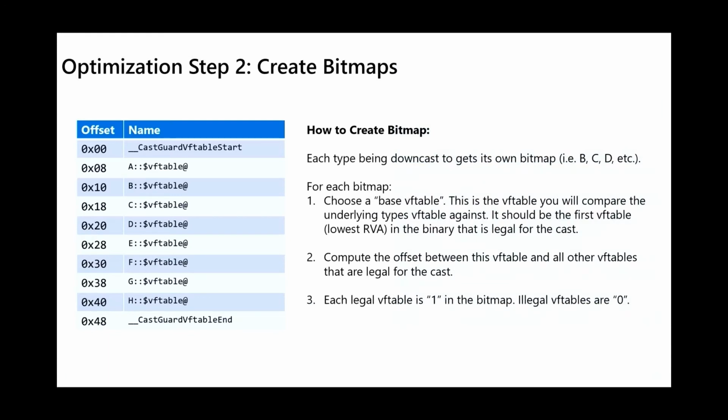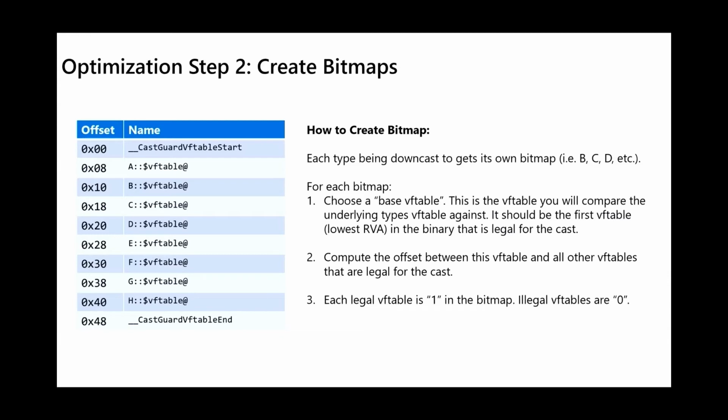But once we know what vtables are allowed for any particular type, we start building bitmaps. You build one bitmap for every type that you might downcast to. The way you create the bitmap is first you choose what I call the base vtable. The base vtable is just the vtable that is closest to the beginning of the binary that is allowed for that particular cast.